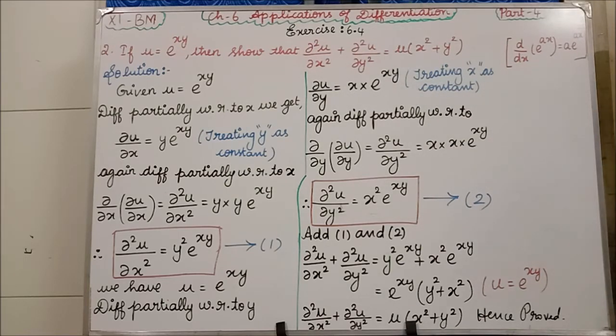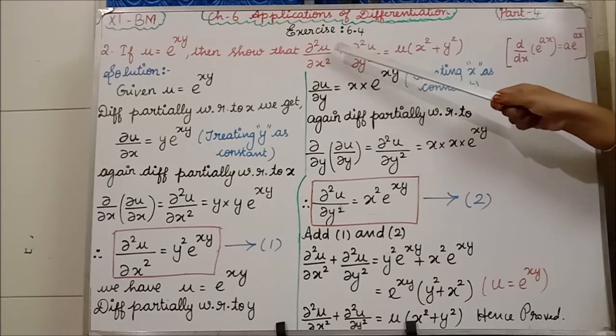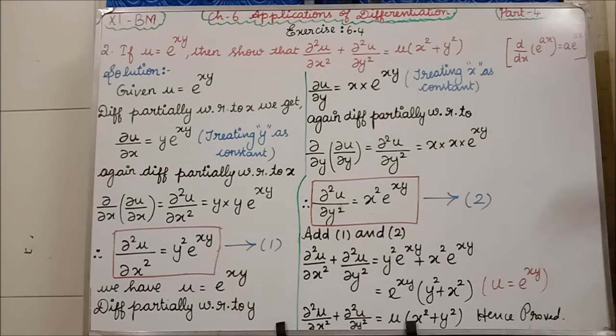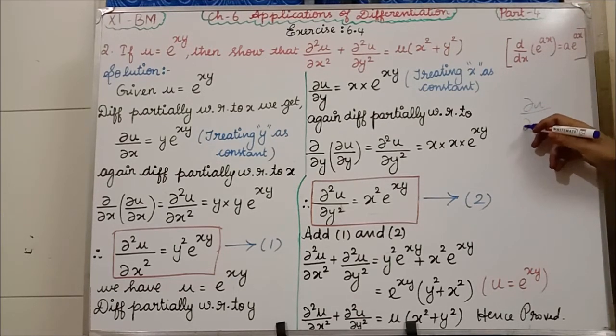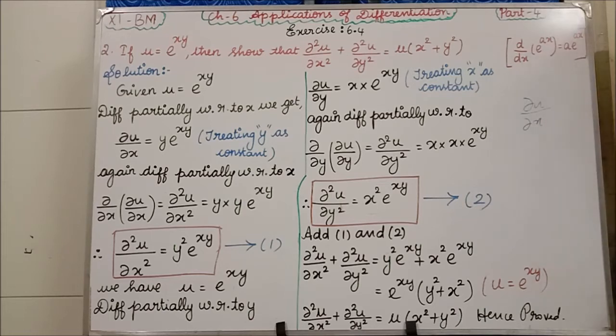If a square comes, this is what I taught you, successive partial differentiation. To find del square u by del x square, first we have to know the value of del u by del x.